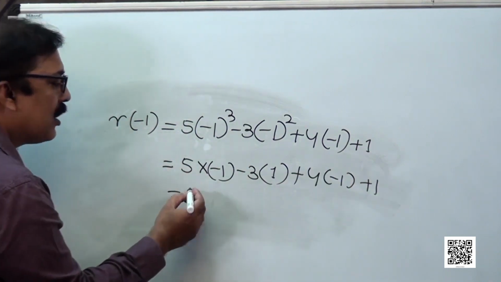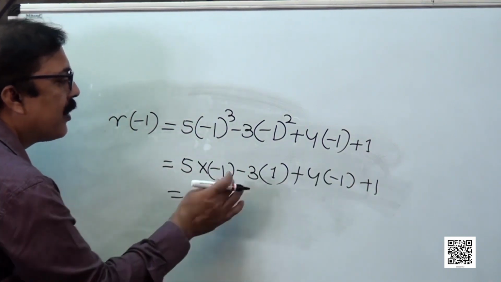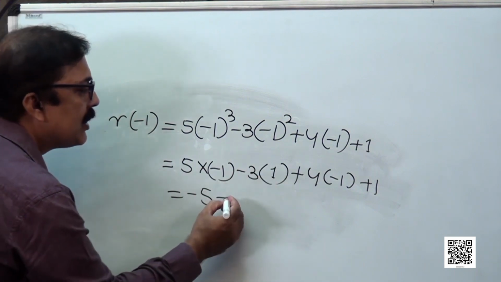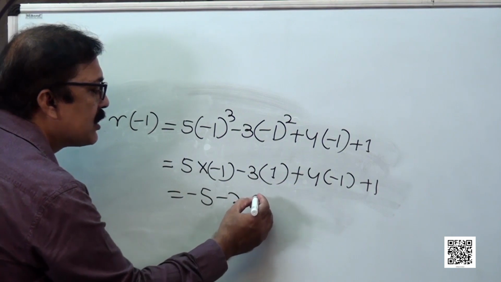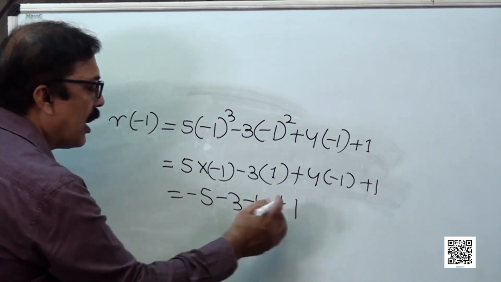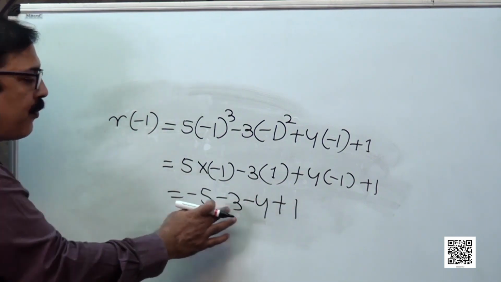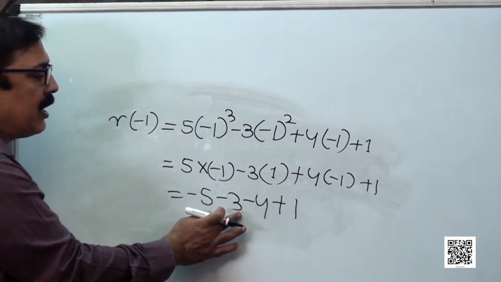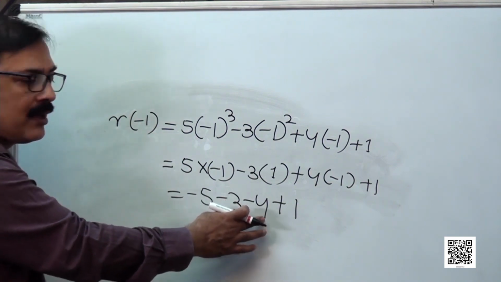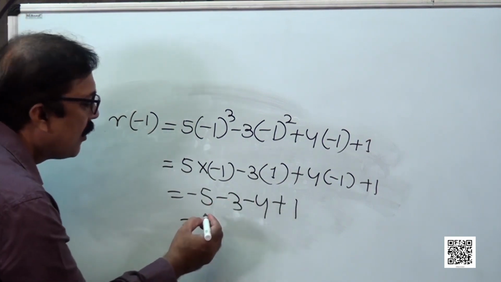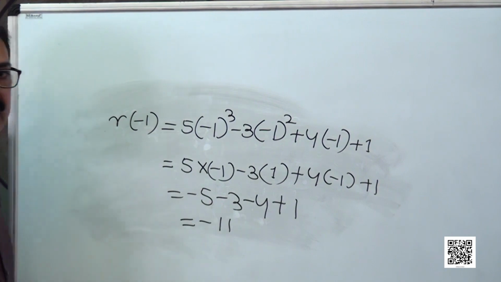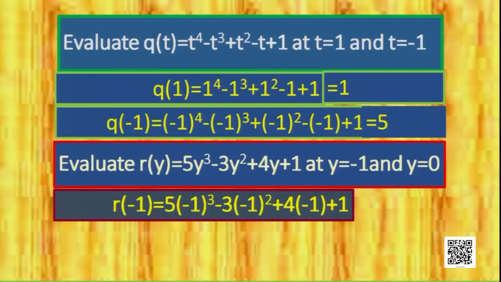So 5 into minus 1 is minus 5, minus 3 into 1 is minus 3, plus 4 into minus 1 is minus 4 plus 1. So minus 3 minus 5 is minus 8, minus 8 minus 4 is minus 12, minus 12 plus 1 gives minus 11. So value of this polynomial at minus 1 is minus 11.